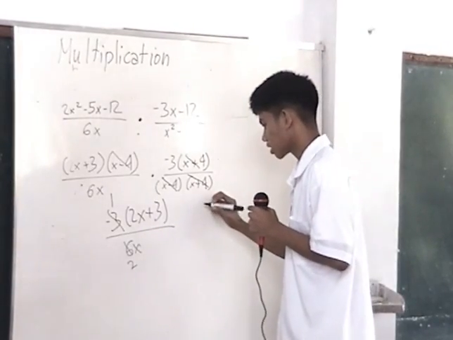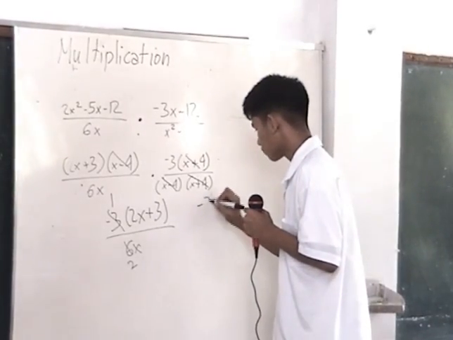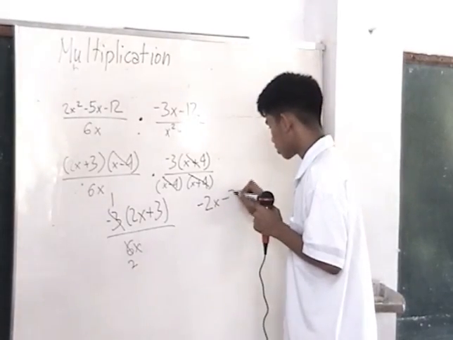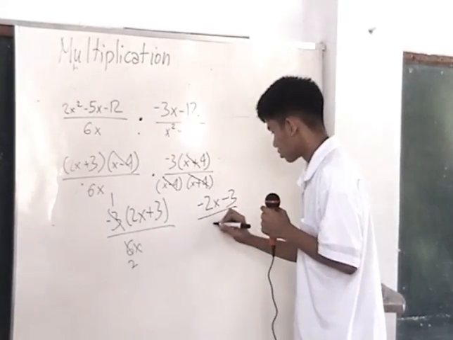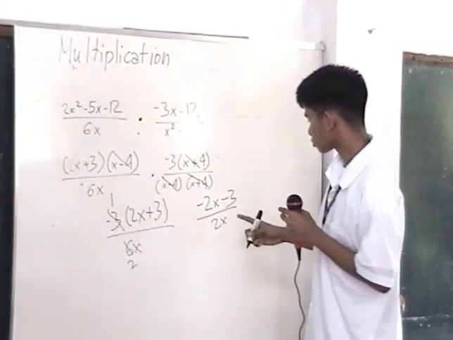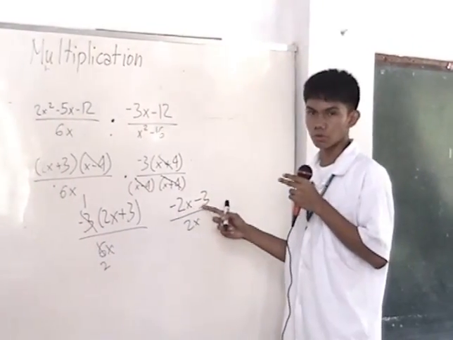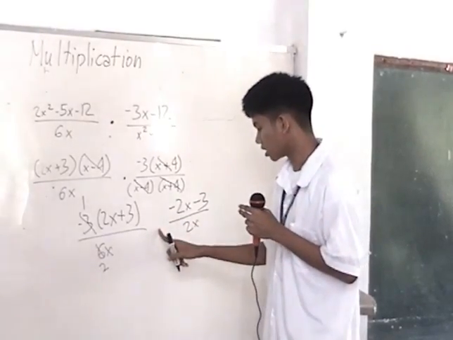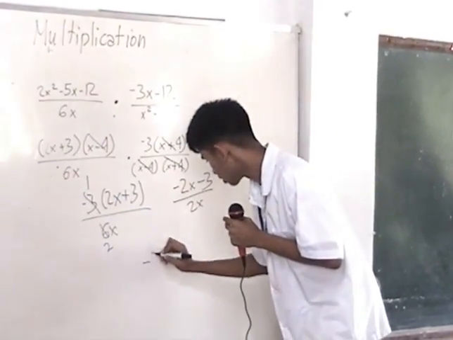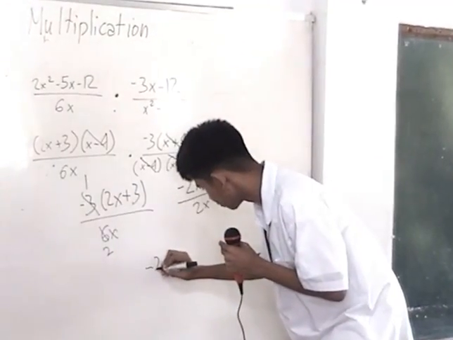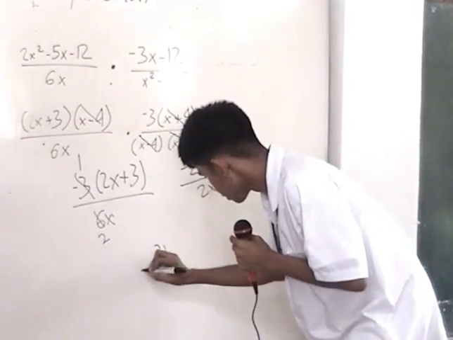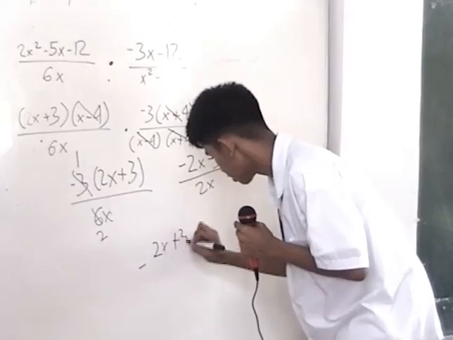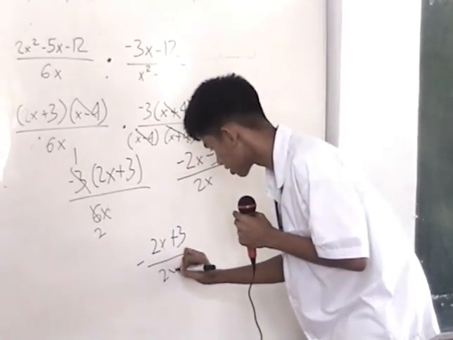Negative 1 times 2x plus 3 is equal to negative 2x minus 3 over 2x. It is wrong to have a negative numerator, so we must move the negative sign here, and it will become negative 2x plus 3 over 2x.